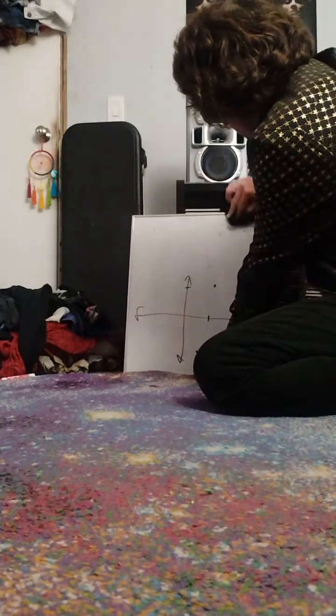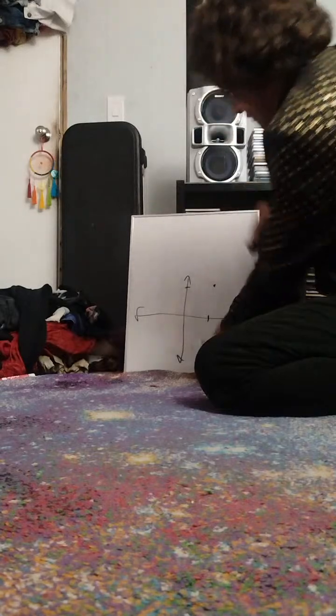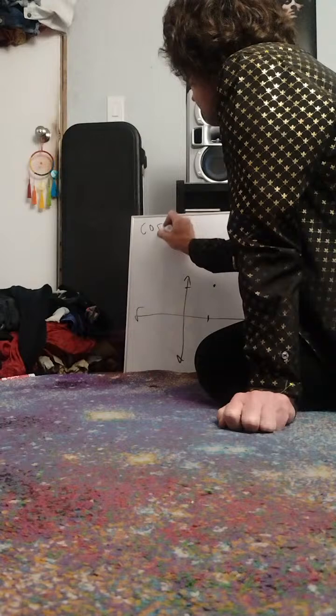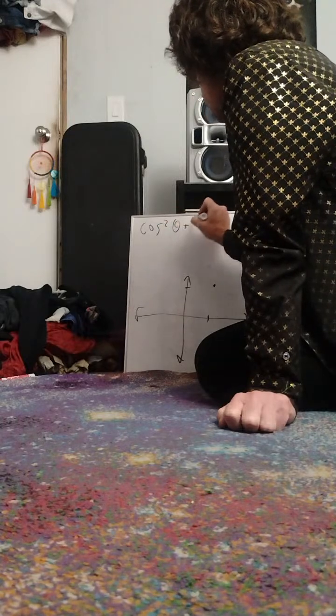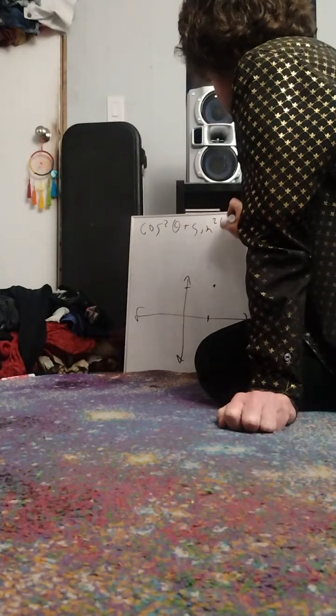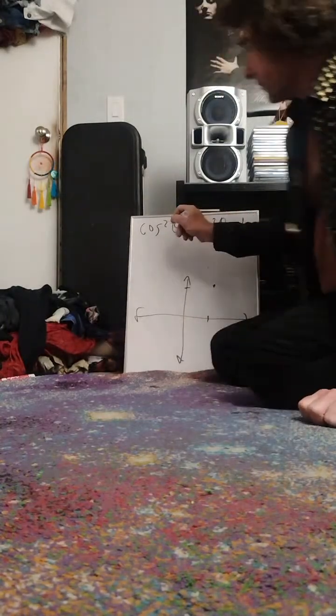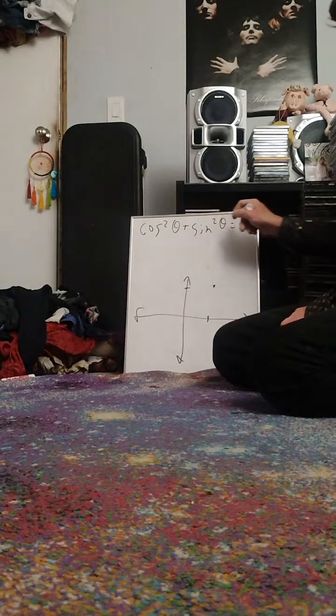You have two things here that are worth talking about. You have a trig identity that says that cosine squared theta plus sine squared theta equals 1. For any angle theta, cosine squared theta plus sine squared theta equals 1.